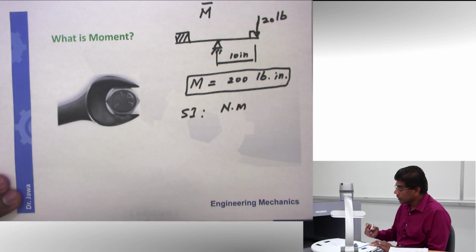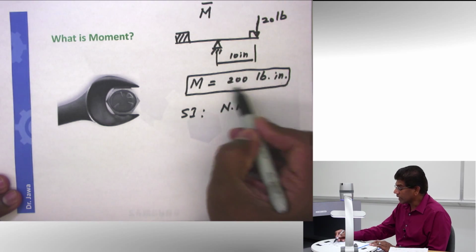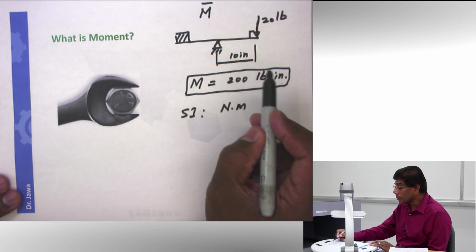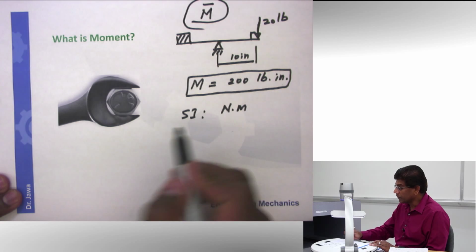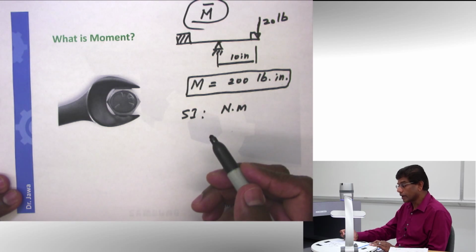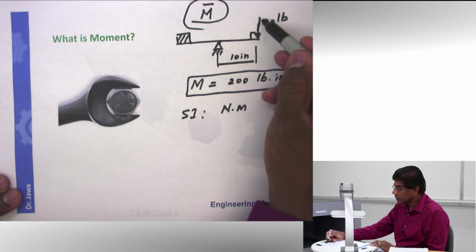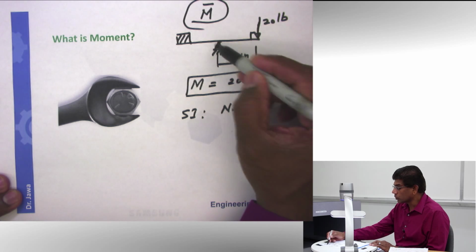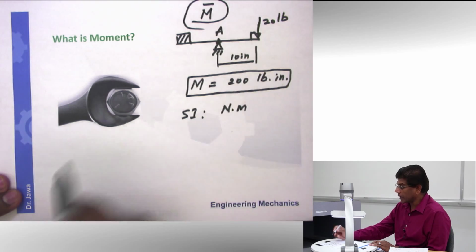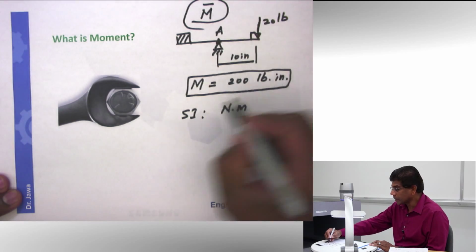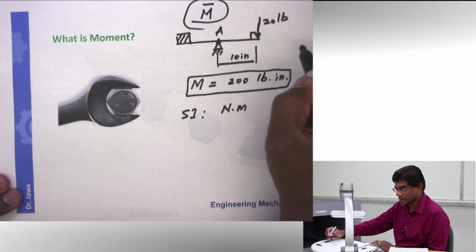All right? So you know how to calculate moment, but moment is also a vector, as I mentioned. See that? It's a vector. If it is a vector, that means it has certain direction. And in this case, the tendency of this force is to rotate about this point, say A. All right? And the tendency to rotate is clockwise.